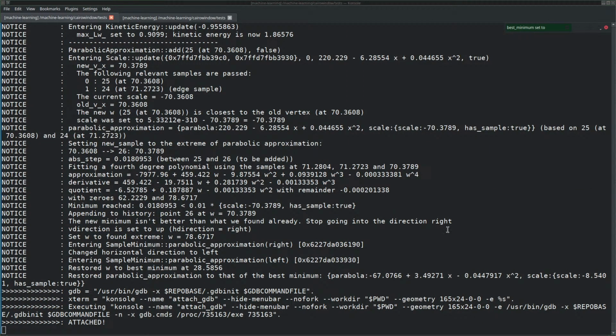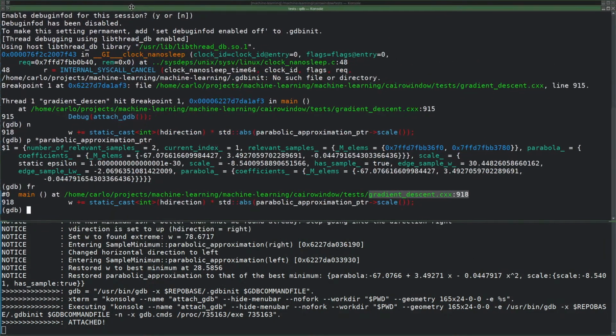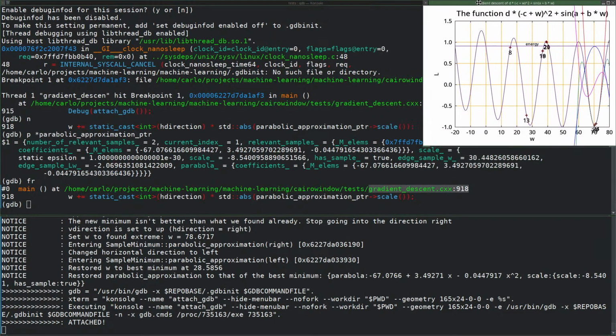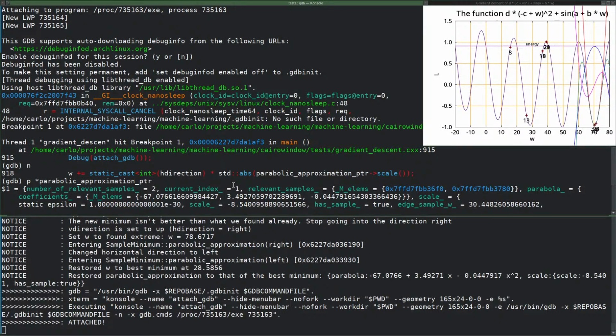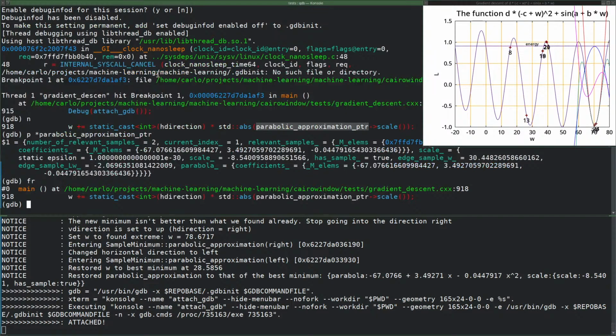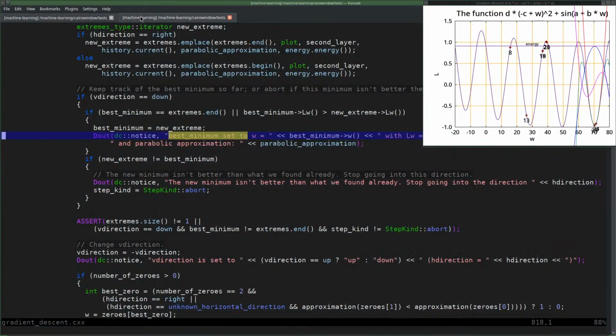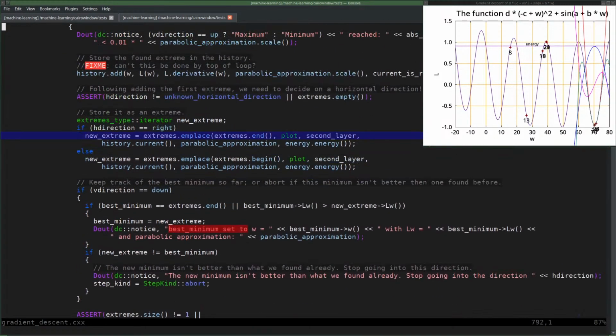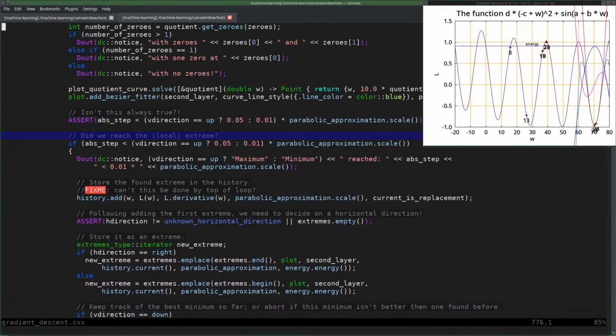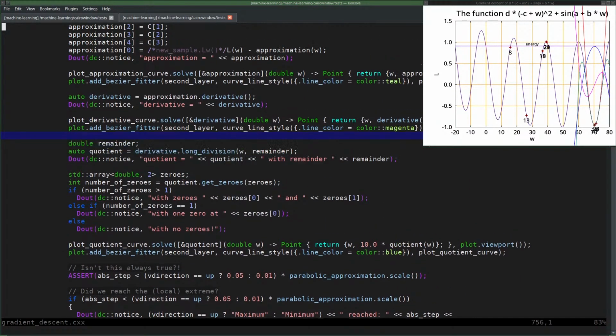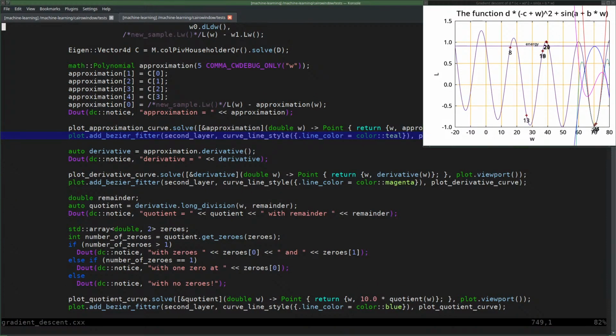But in the debugger, I find this thing here. So if I go to the code, okay, now I'm lost.